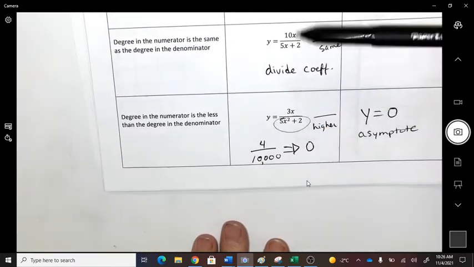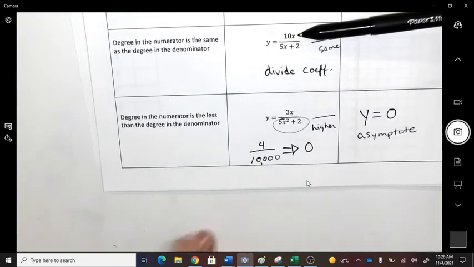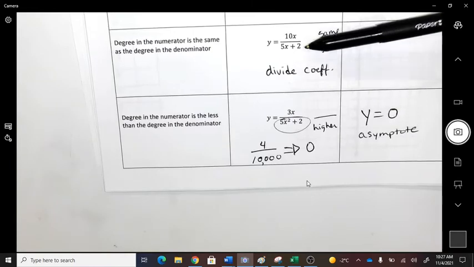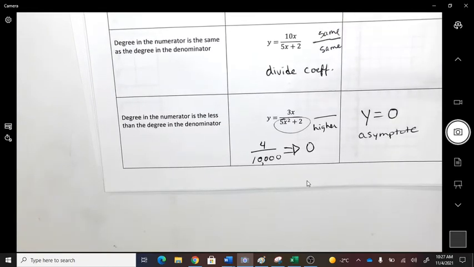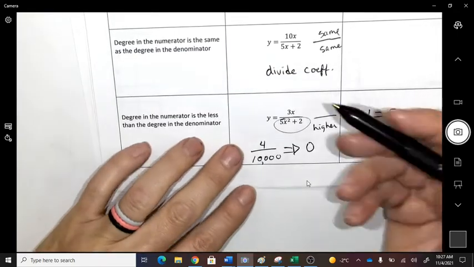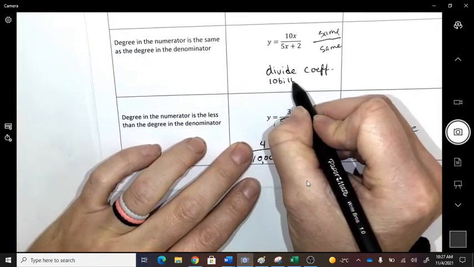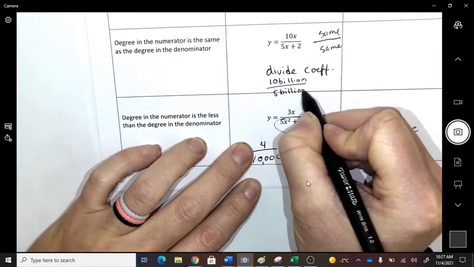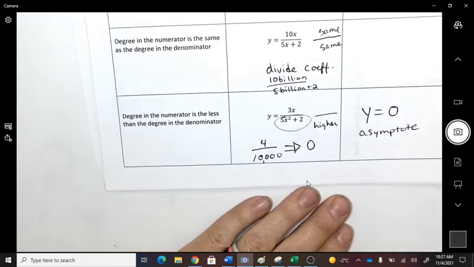So pretend I have 10 billion divided by 5 billion and 2. Do you see how irrelevant the 2 is? So what is 10 billion divided by 5 billion plus 2?